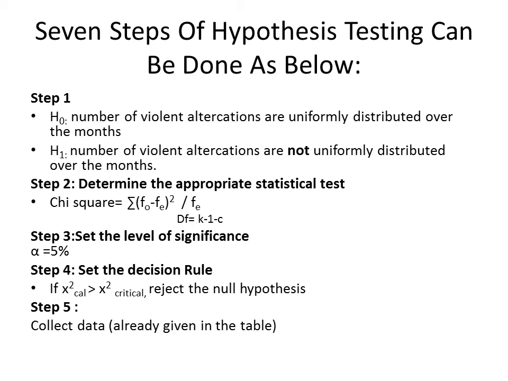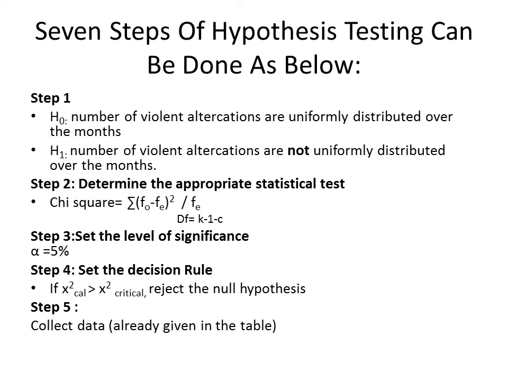Step number 1 is to frame null and alternate hypothesis. Here, the null hypothesis I had framed is: number of violent altercations are uniformly distributed over the months. Alternate hypothesis is: number of violent altercations are not uniformly distributed.